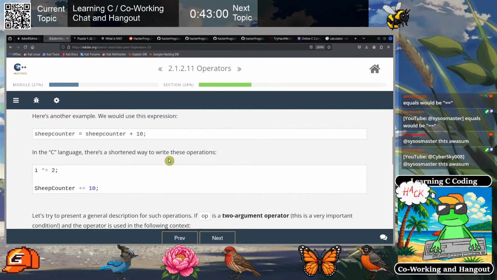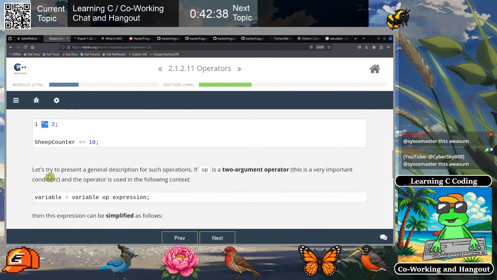In the C language, there's a shortened way to write these operations. i times equals 2, so i is multiplied and assigned 2. Sheep counter plus equals 10.